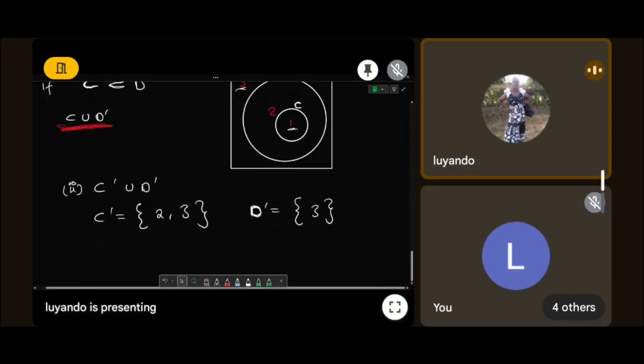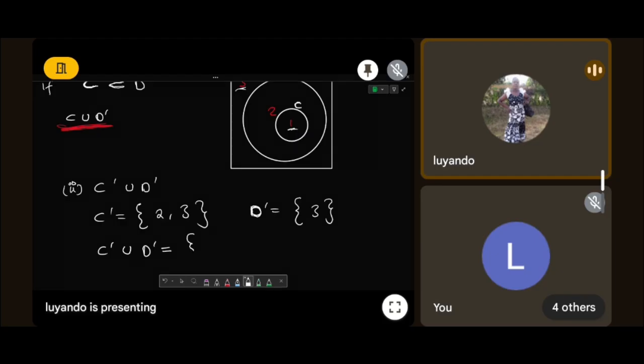If we were to take the union of C complement and D complement, we find that we're going to have 2 and 3.